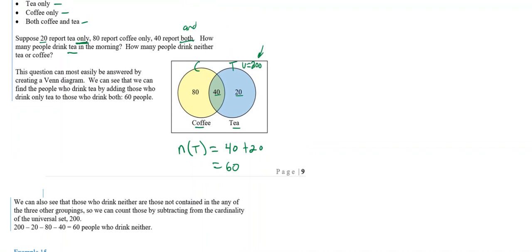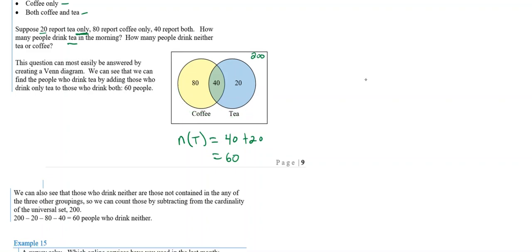Okay. Next one. It says how many people drink neither tea nor coffee. So what we've got to do here is, if there were 200 people surveyed, then the people who drink neither are the area outside the circles. If 200 is the whole thing, then outside the circles is my neither.